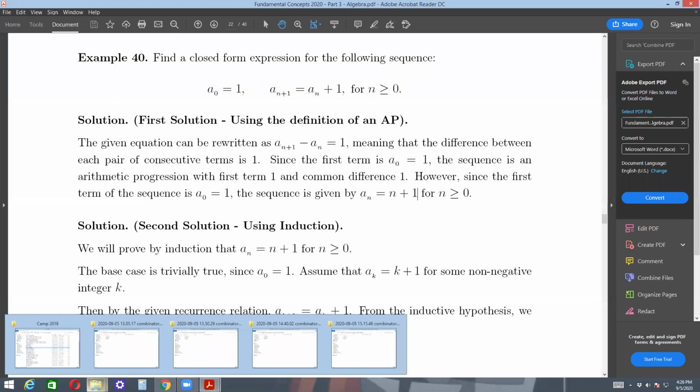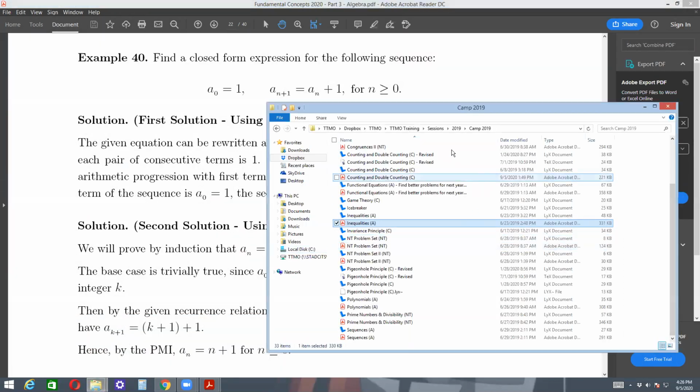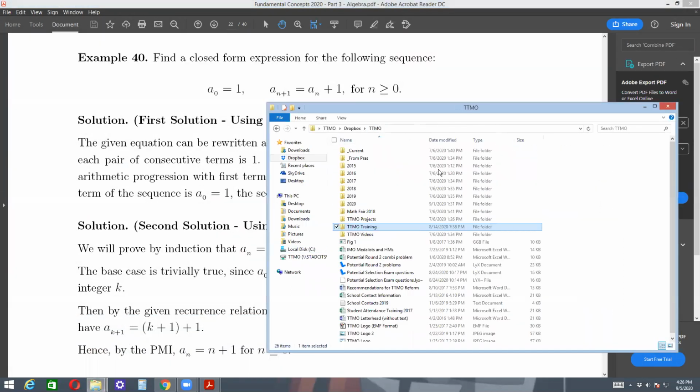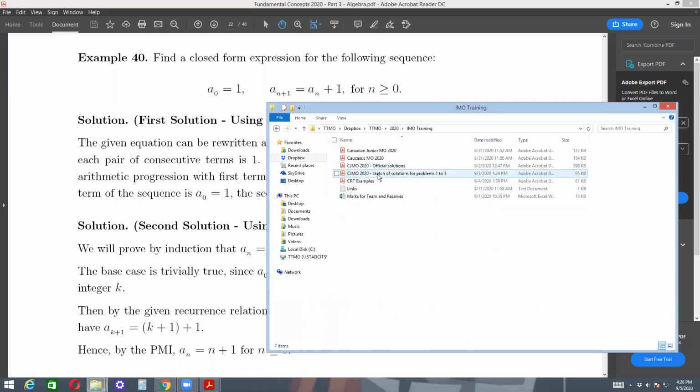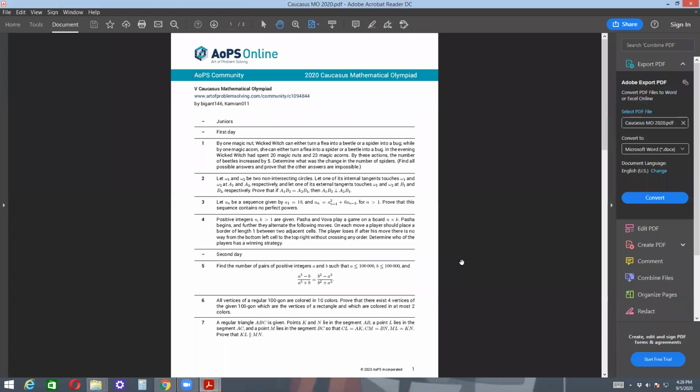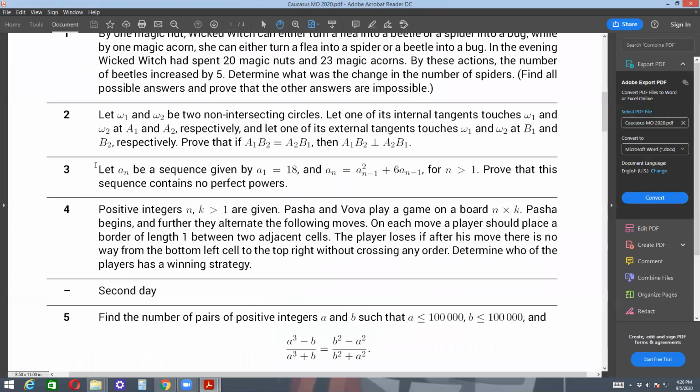I think I got it out, but I didn't find a closed form for it. This one? Yeah. Prove the sequence contains no powers. So something like this might be difficult to figure out a closed form for when you have this squared plus that.